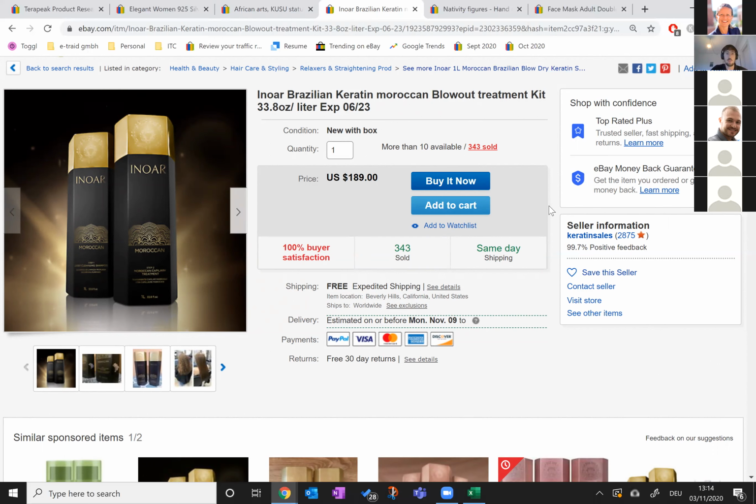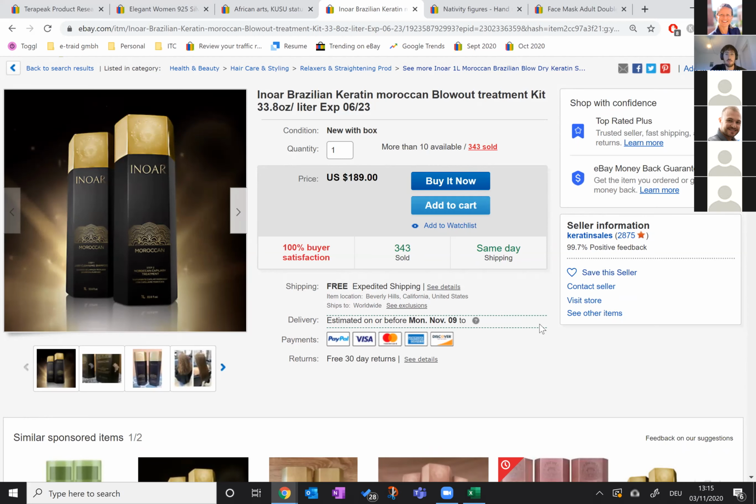And this could be shipped in 4 to 5 days from anywhere in the world, using courier services. The way it works with this seller is, they will have a fairly low fixed cost. They will add the fairly high shipping cost to this, and they will add their profit margin. And so they get to this price of $189, which seems to work because they've already sold over 300 of this product.